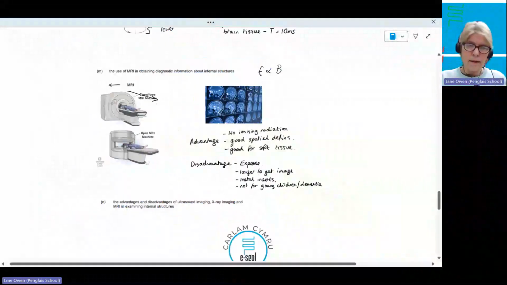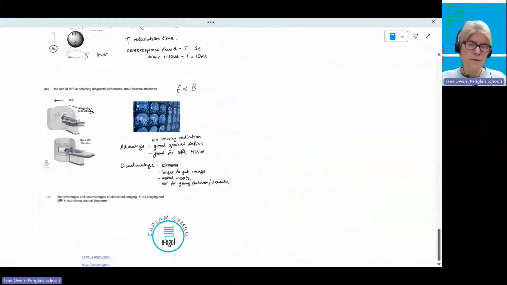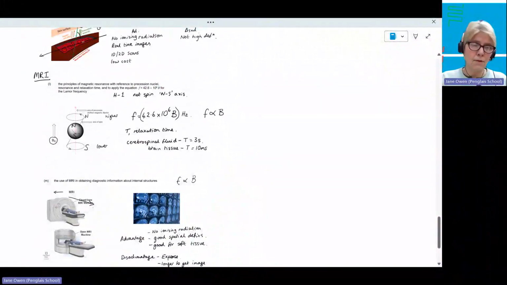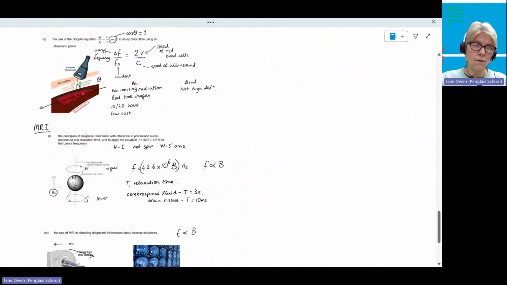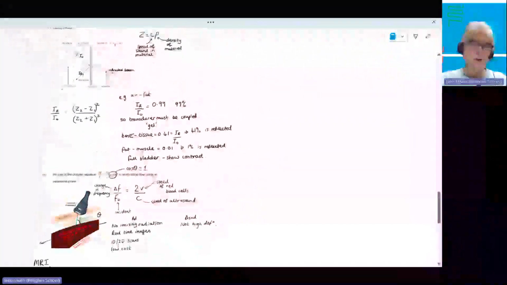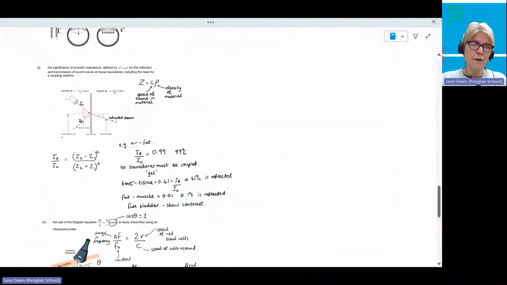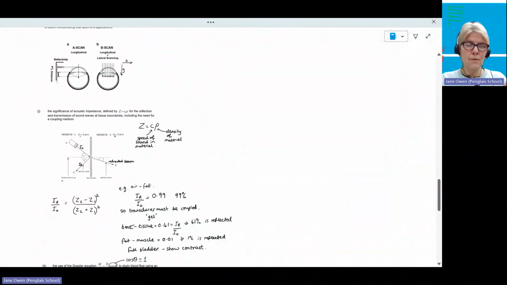Okay, all right. I think I've managed to do it. I don't know how, but the advantages and disadvantages, I've tried to do as I've been going along for ultrasound, for X-ray imaging, and for MRI. So we've done a very brief synopsis of MRI and the uses of MRI. We've looked at ultrasound, looking at fluoroscopy, i.e. studying blood flow, looking at A scans, B scans.